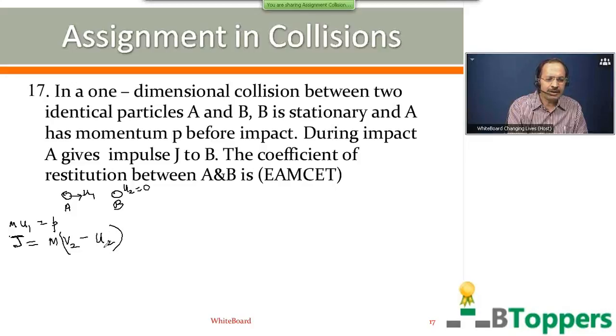Here the second body is initially at rest, so u2 is 0. If you substitute u2 equal to 0, you can write J equal to m v2, or v2 can be written as J by m, and u1 can be written as P by m.